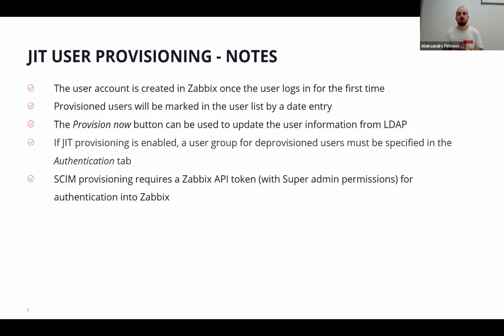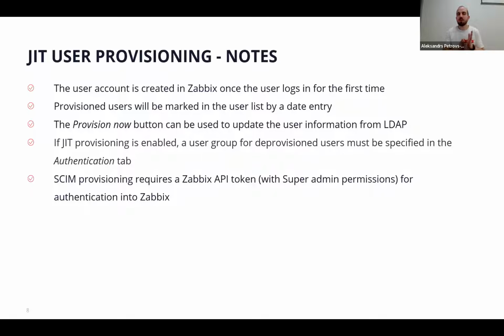And one of the main purposes of having all the users controlled with one control plane is that we can not only provision, but also deprovision users. To make sure that as soon as you deprovision a user in your LDAP, it will be deprovisioned in Zabbix, you will need to specify the group in which the deprovisioned users must be. So the user access for those users will be disabled.